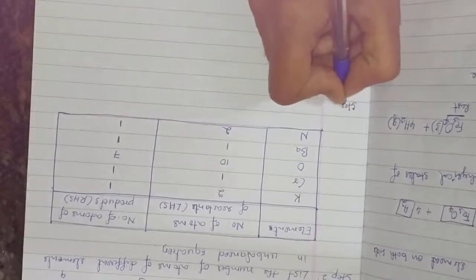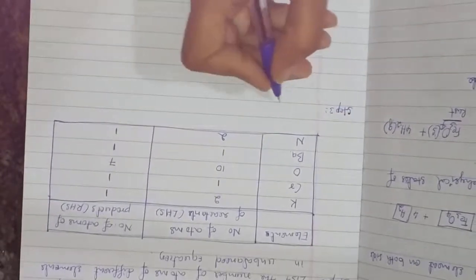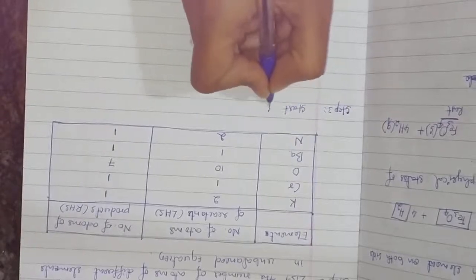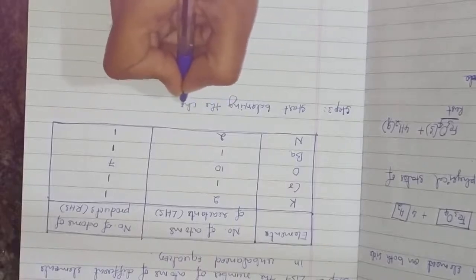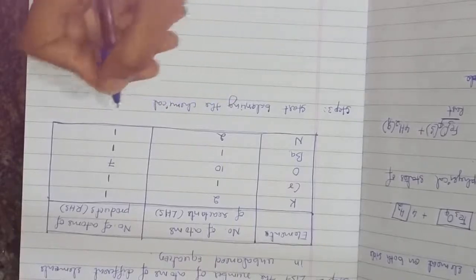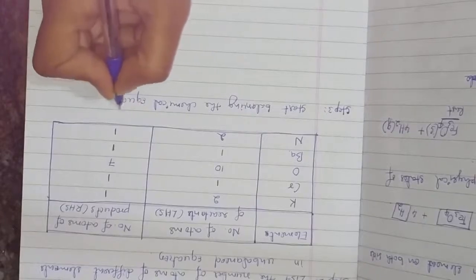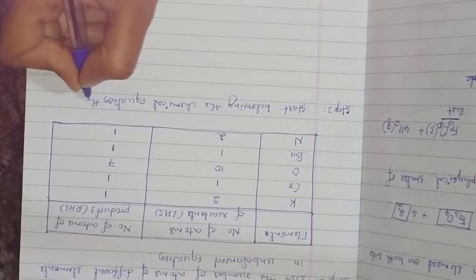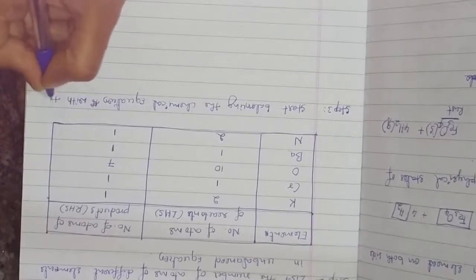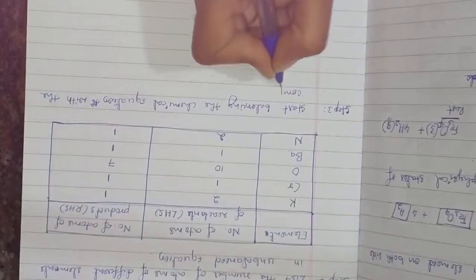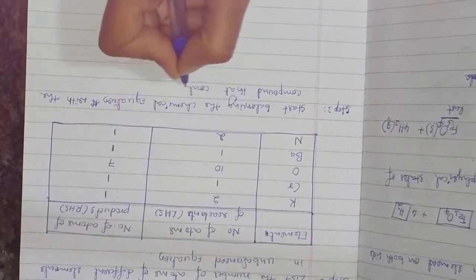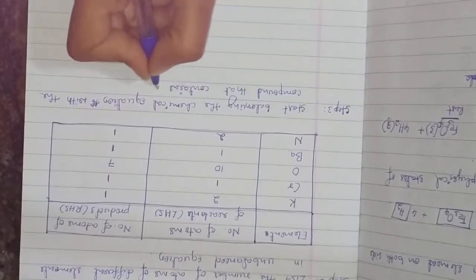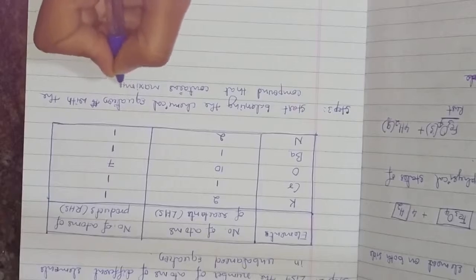Okay, in the next step we will start balancing the chemical equation with the compound that contains the maximum number of atoms.